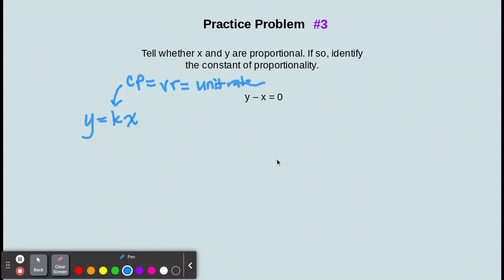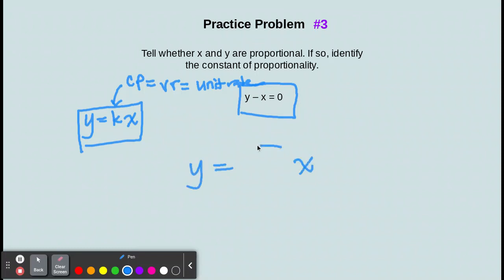So we want to get this equation here into this form here. So we want the y on one side, the x on the other, and we need some number here. What number goes there? That is your k. That is your constant of proportionality. But you also need to determine if you can put it into this form.